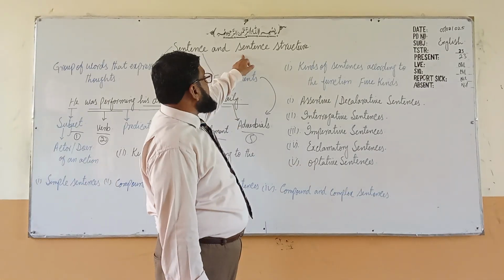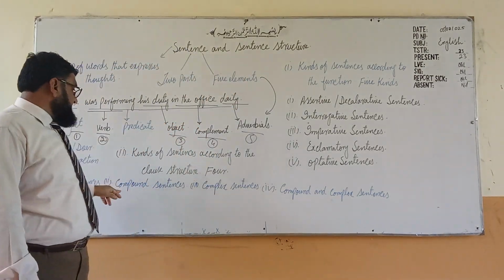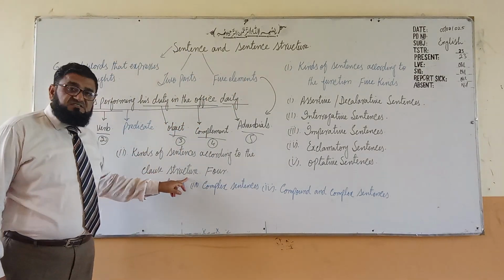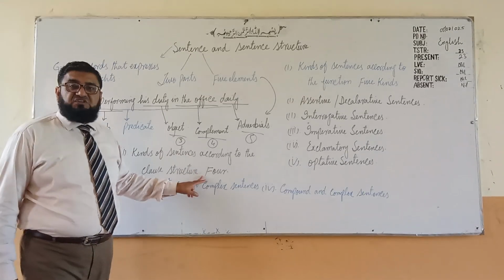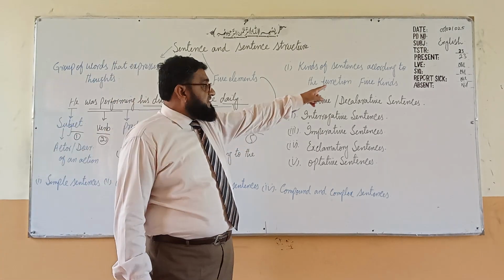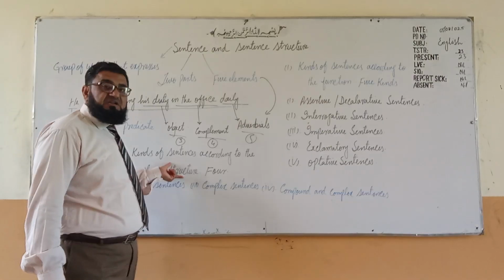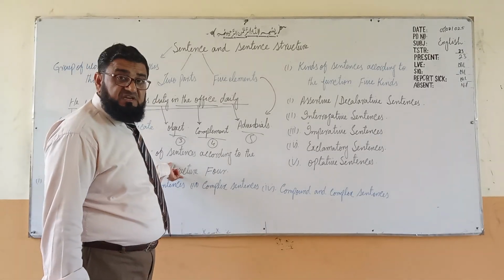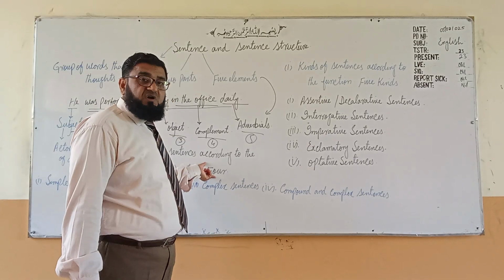Now I am going towards sentence structure. What are the various kinds of sentences according to the class structure? Keep in mind, they are four. According to function, they are five, but according to the structure, according to the syntax, a sentence has four kinds.